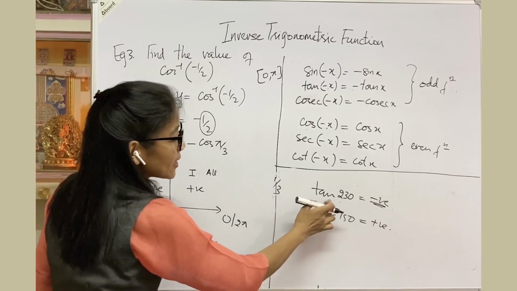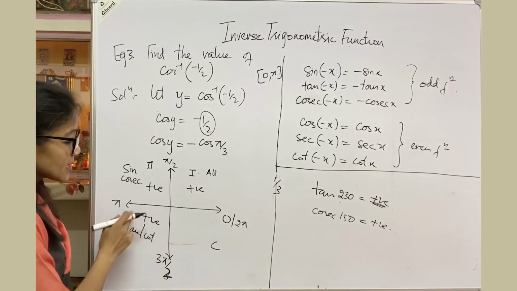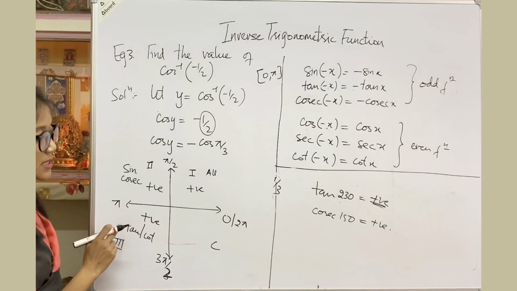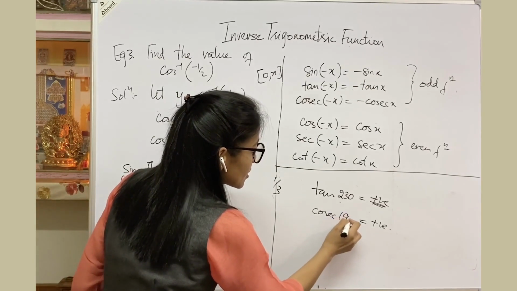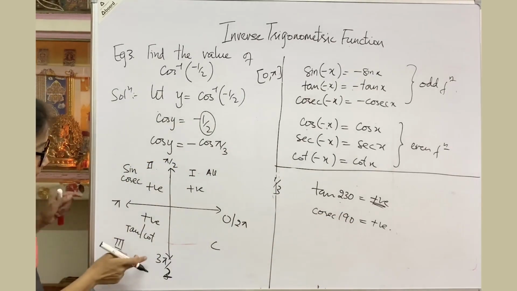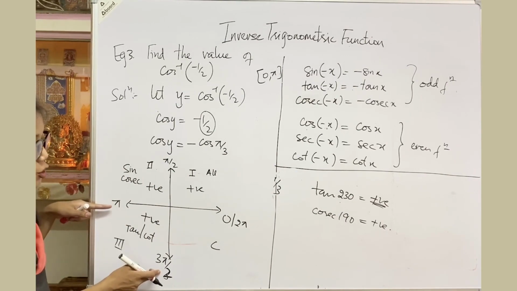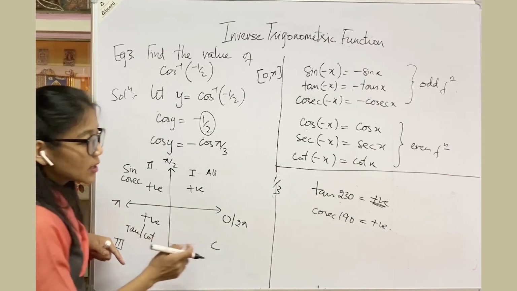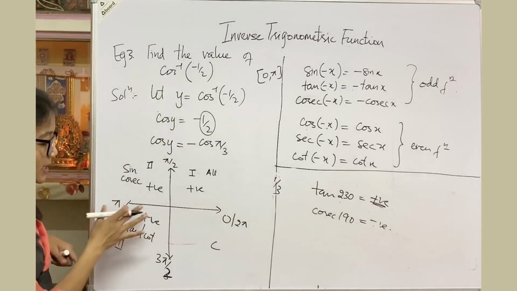When you take tan of angle 230, you will get a positive value, because in this quadrant tan is positive. If I write cosec of 190, 190 again is in this interval, 180 to 270, so cosec is negative in this interval. So you will get a negative value for cosec. Like this we can define.